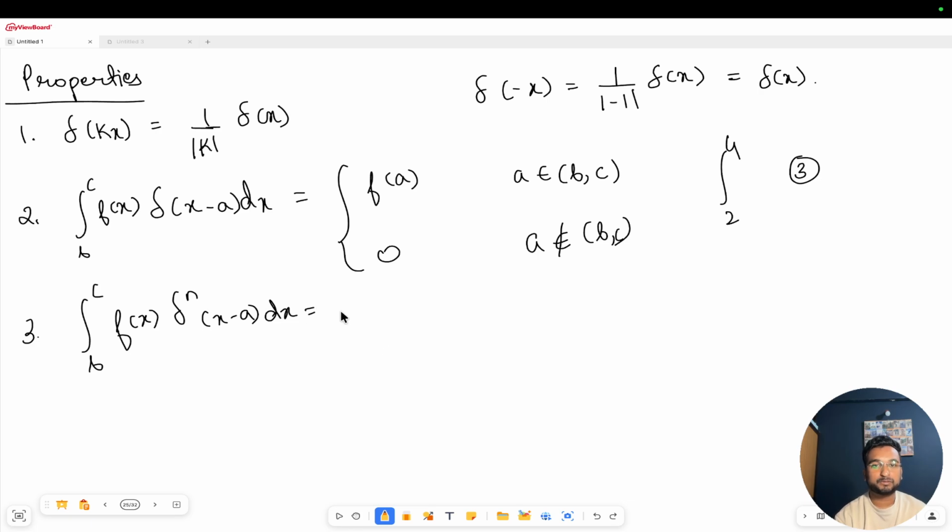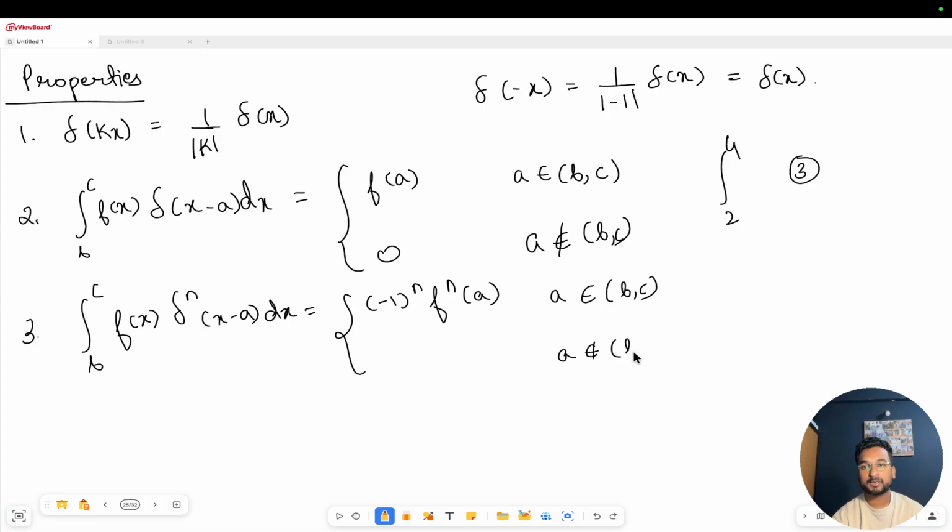The value will be minus 1 to the power n times f to the power n at a. That means you have to differentiate this function with respect to x n times, whatever derivative the question gives. This holds if a belongs to b comma c; if not, it will be 0.